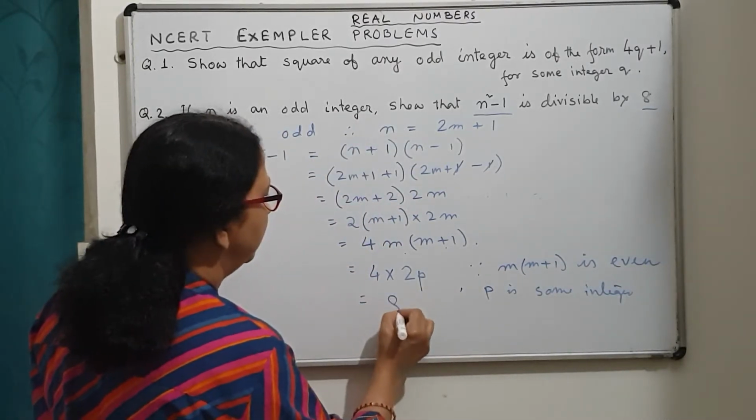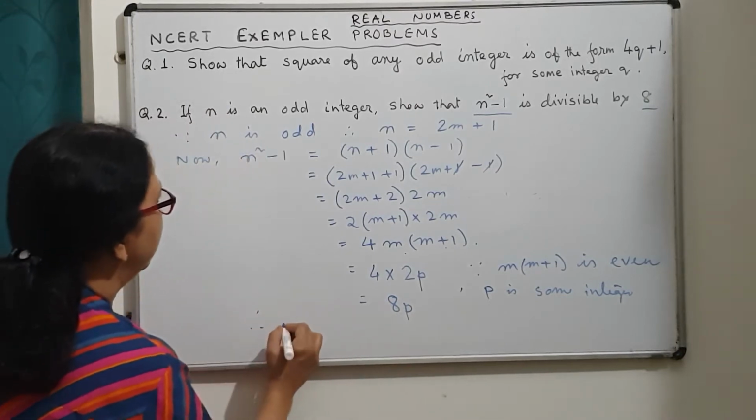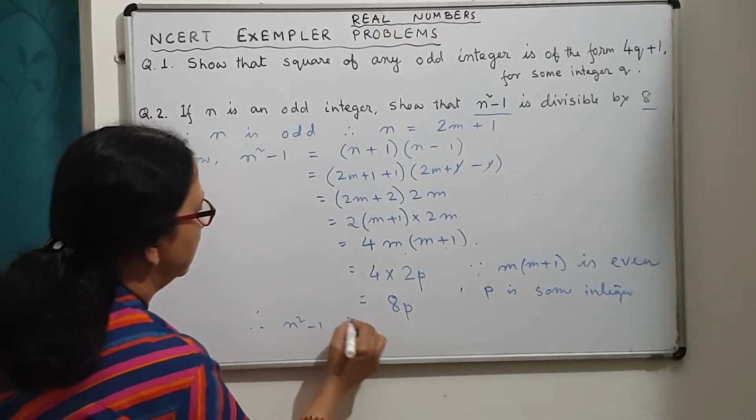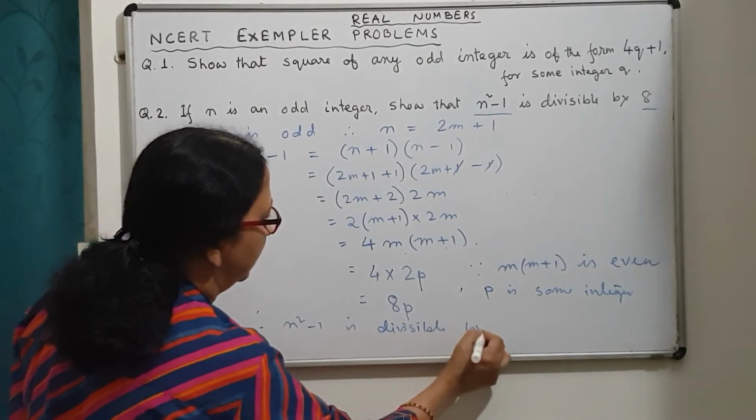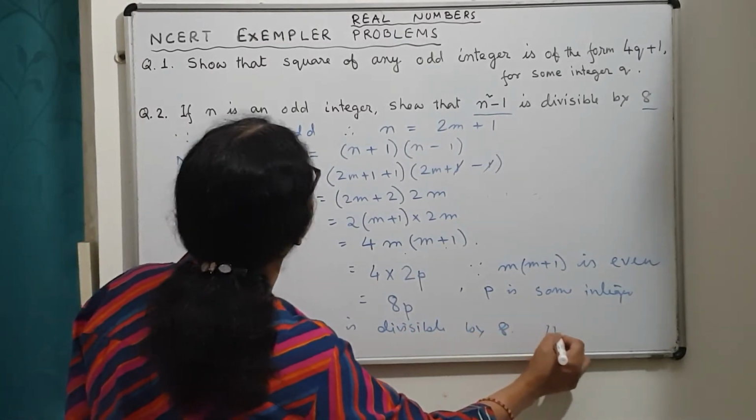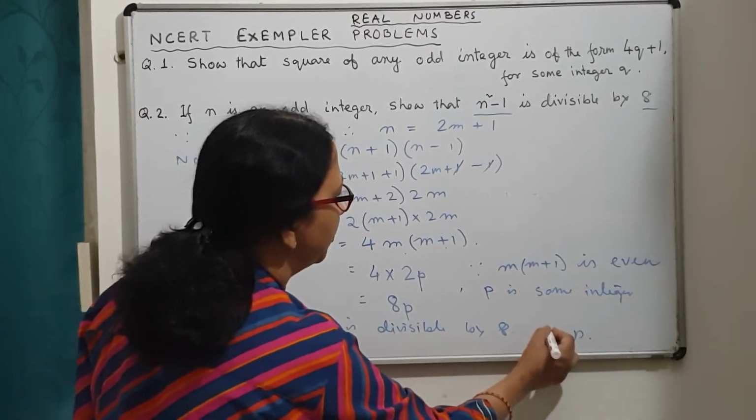So therefore 8 into p, therefore n square minus 1 is divisible by 8. Hence proved.